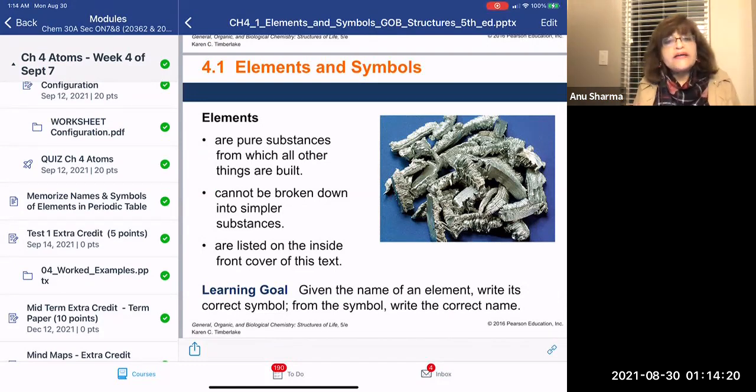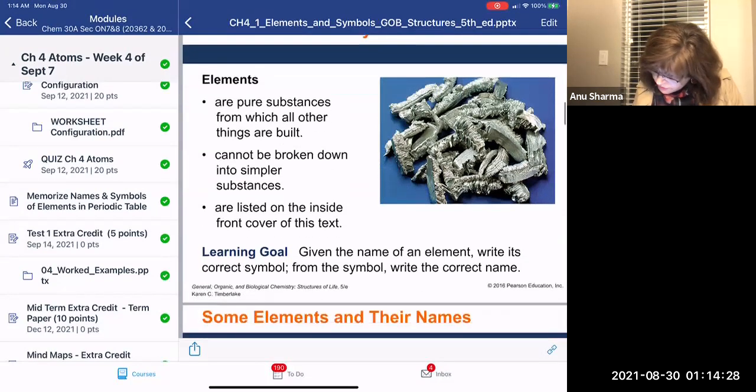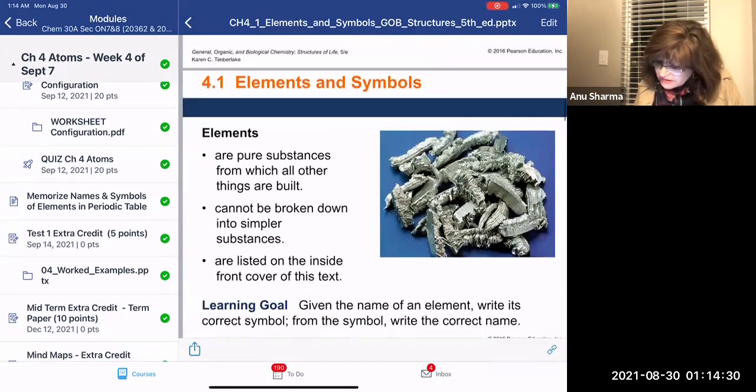Anyways, let's look at the elements and the symbols first of all. What are elements? This is an example of an element, I don't know which one they've shown here, they haven't listed it. Elements are made up of only one type of particle, so they are considered to be pure substances from which all other things are built, which means that they take part in chemical reactions, and they cannot be broken down into simpler substances.